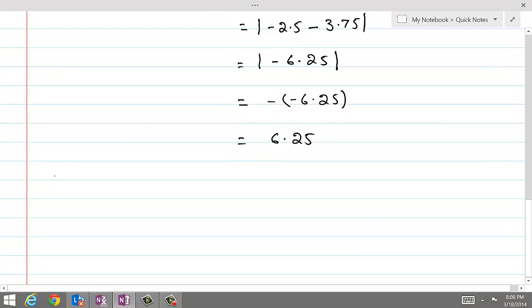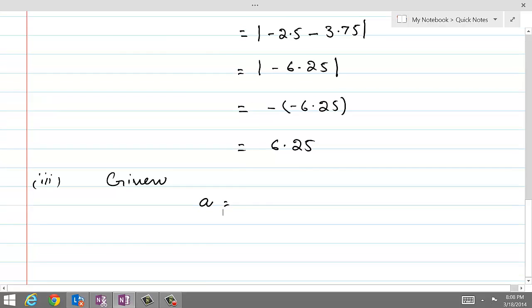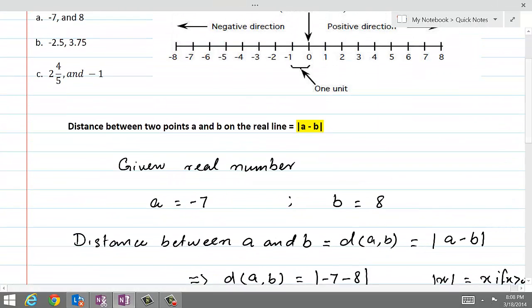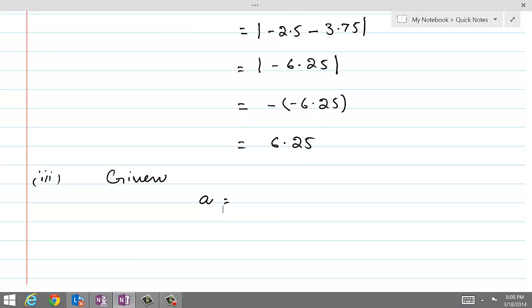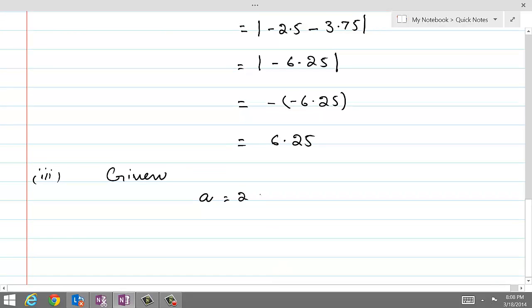And now the last question, the third question. Here the given number a is equal to 2 whole 4 by 5, and b, another number, is equal to minus 1.